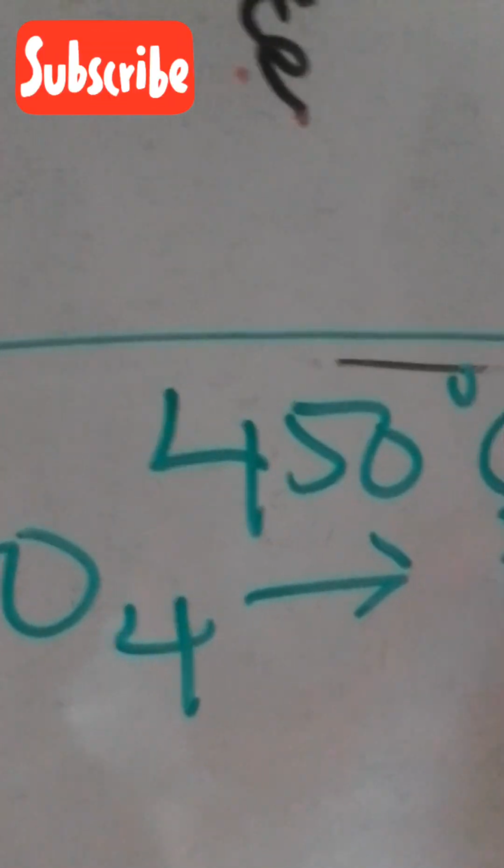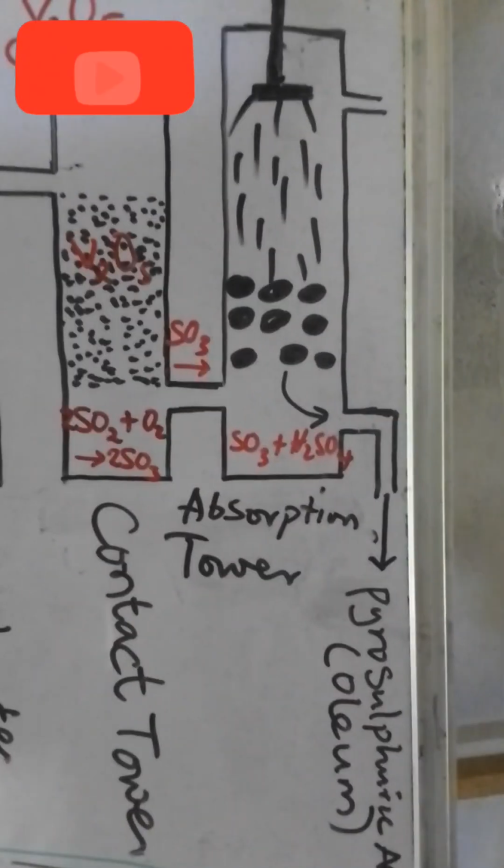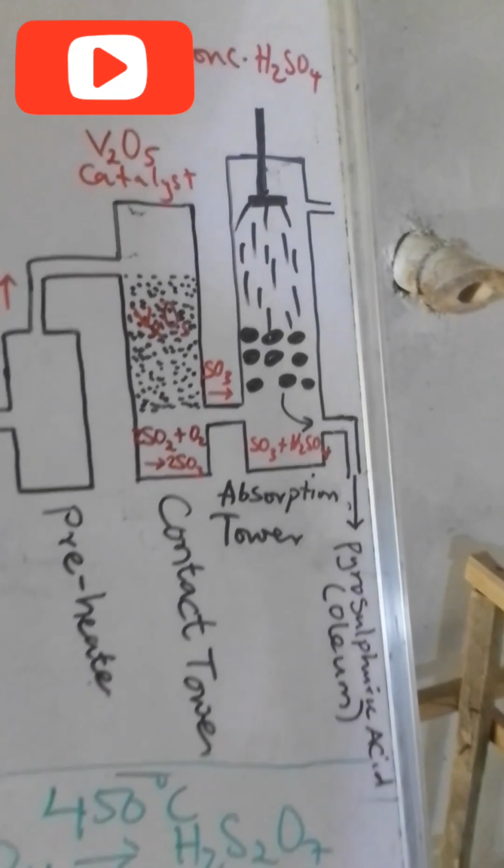And the equation of reaction is this: SO3 plus H2SO4 gives H2S2O7. This is called oleum, or pyrosulfuric acid. This oleum will now leave through this tap and go straight to where it will react with water to give tetraoxosulphate acid, which is the end product.